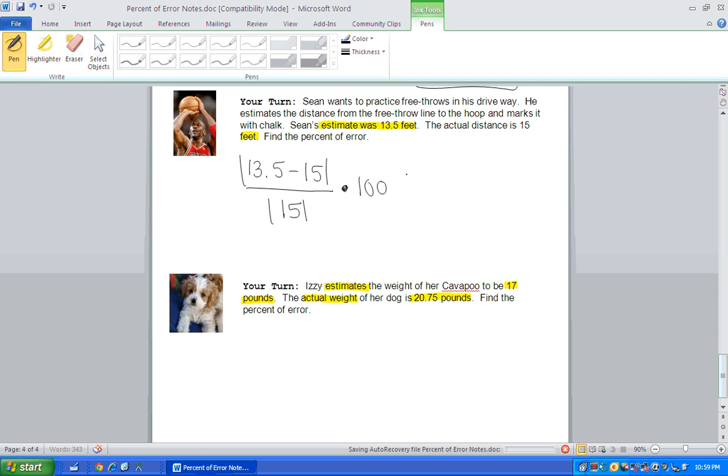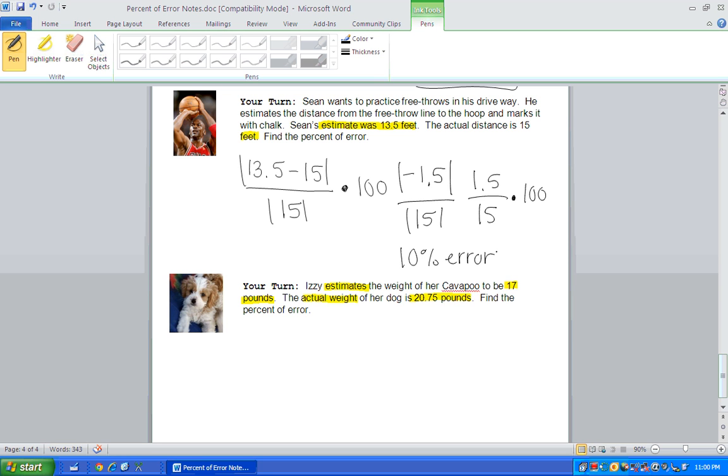So for this one, you should have got a negative 1.5 feet, but you can't have a negative distance, remember. So we're going to put that in the absolute value symbol, and that changes to a positive 1.5. And we're going to divide that by the exact 15, and then multiply by 100. So hopefully for that one you got a 10% error. Did you get that? Excellent.